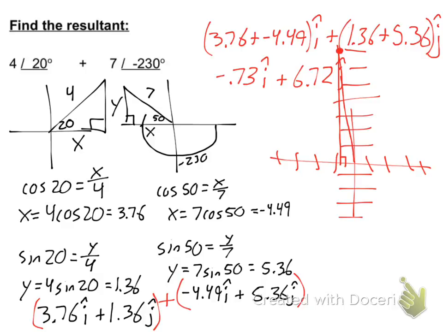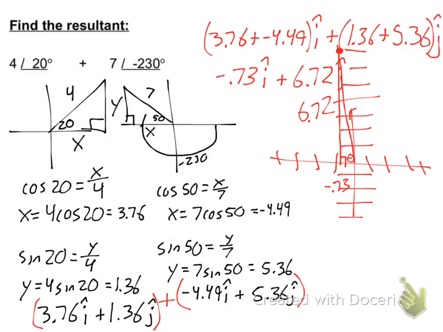So what we want to do now is put it back to polar form, which means I have to find r, the radius, how far they combine together to move, and the angle. It's in the second quadrant. And to do that, you have to put your 6.72 and your negative 0.73 on your triangle. To find the radius, you just use Pythagorean's theorem.